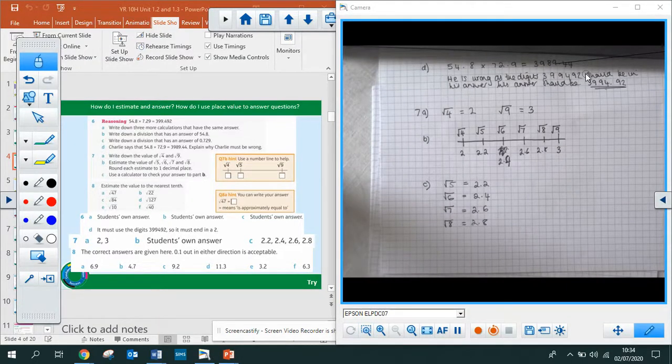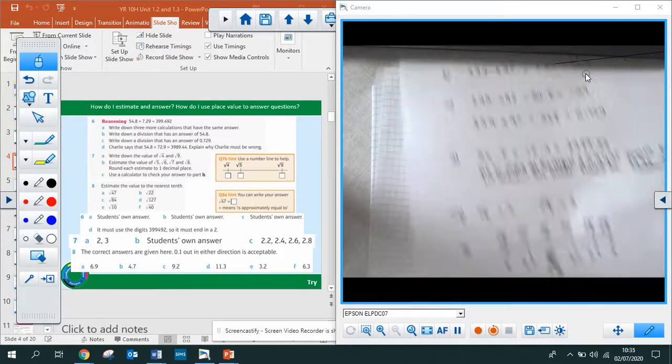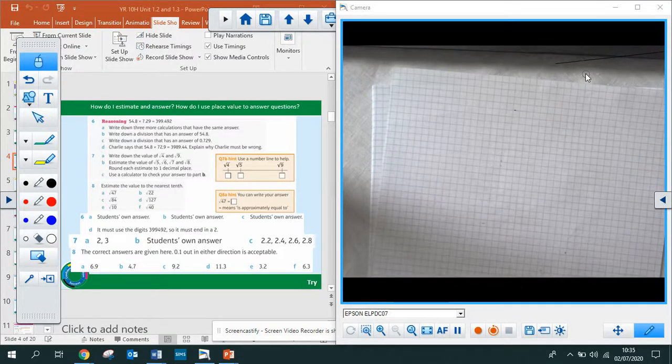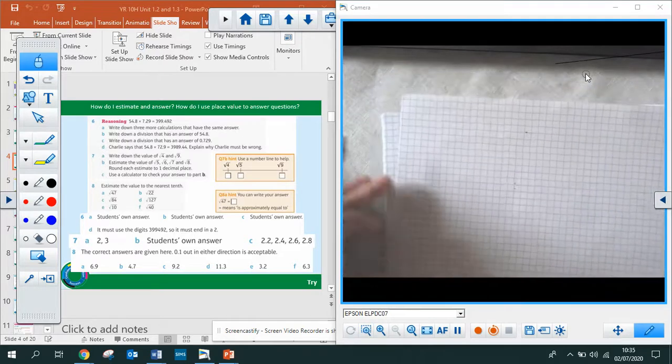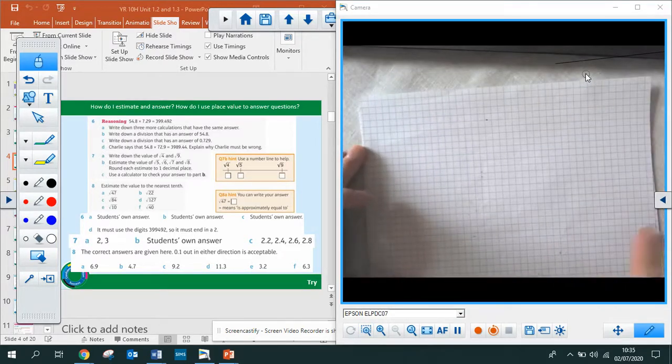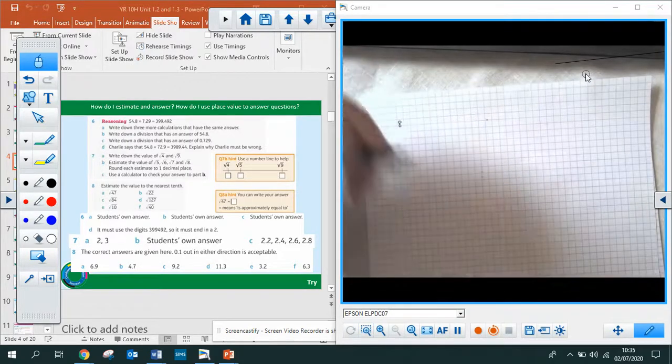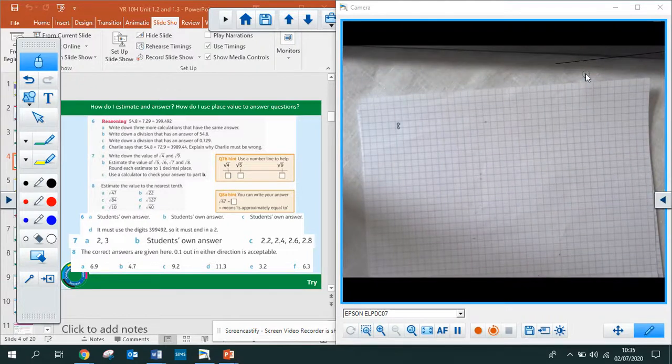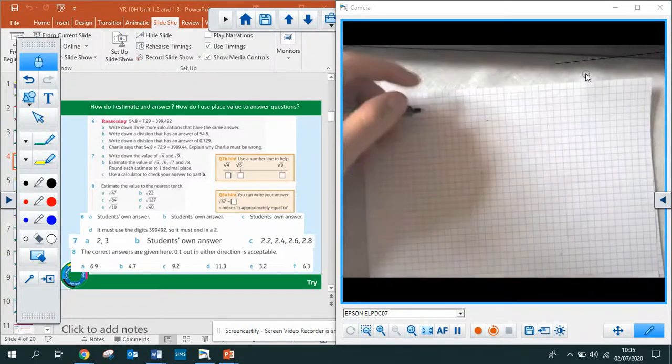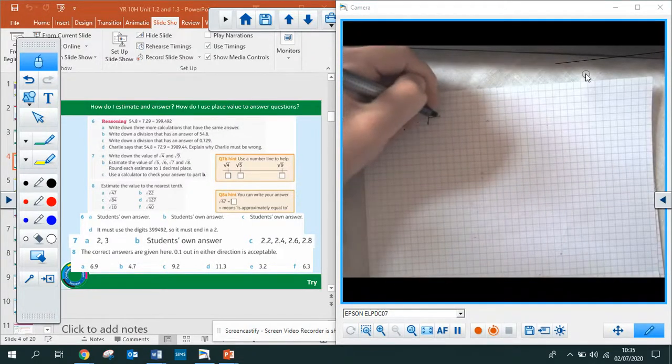Okay, and then question 8. We need to estimate the value to the nearest tenth of root 47.